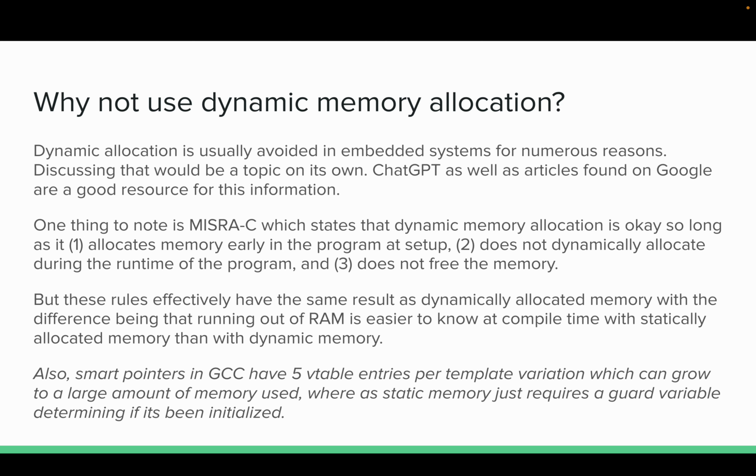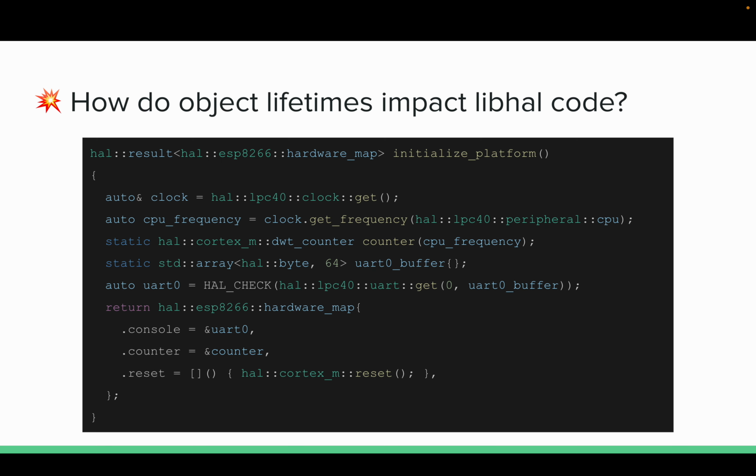But because of them, it results in a lot of code bloat, not just in having the vtable entries, but also the code that follows with them, and the fact that the entries change for every single variation of type. And there are multiple ways you can mix and match and set up the template parameters for a smart pointer or shared pointer, to the point where I feel like it might end up being more memory than simply going with statically allocated objects. So yeah, that's why we don't really use dynamic memory allocation.